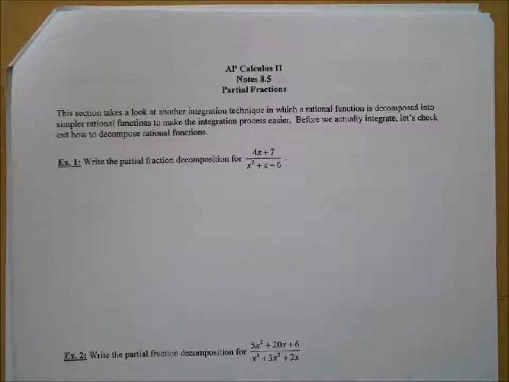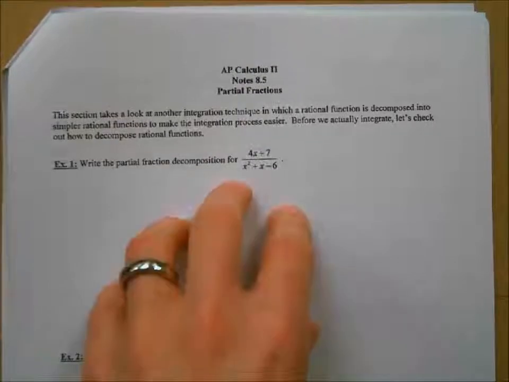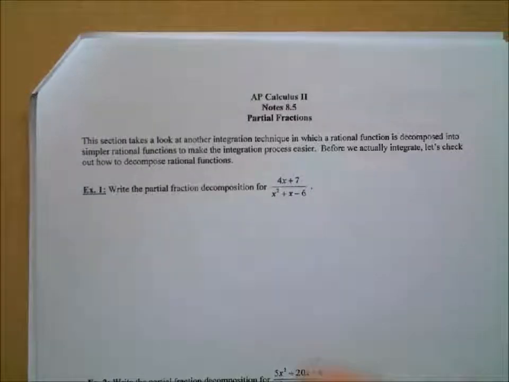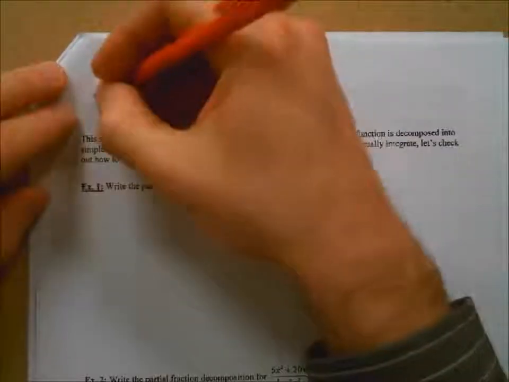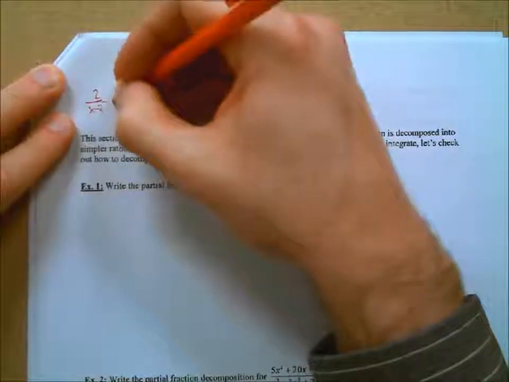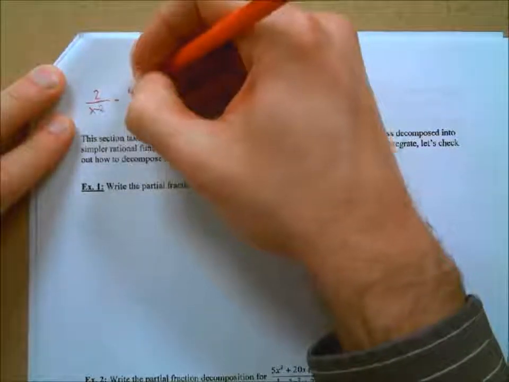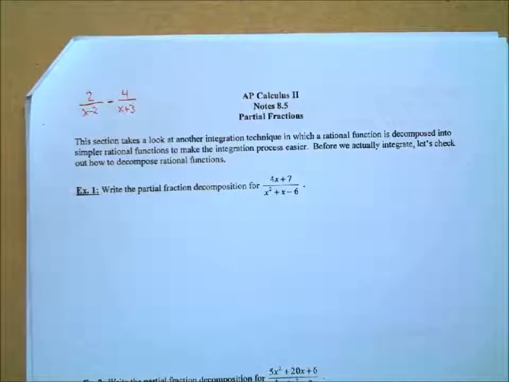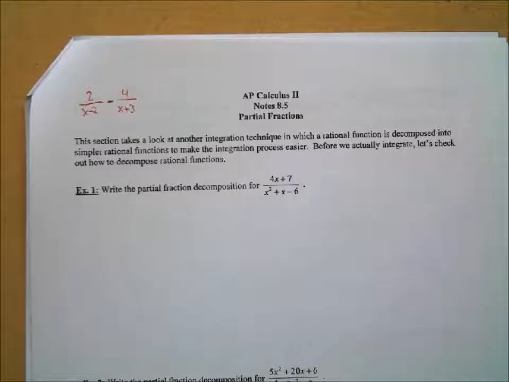So before we even do that, I'm going to do one other little problem and show you what I'm talking about. If you remember from maybe pre-calculus or algebra 2, if we wanted to do a problem like this, 2 over x minus 2 minus 4 over x plus 3, if we wanted to put those things together, they're fractions, and what do you need in order to combine two fractions together?